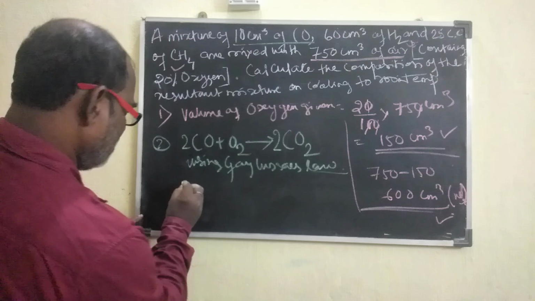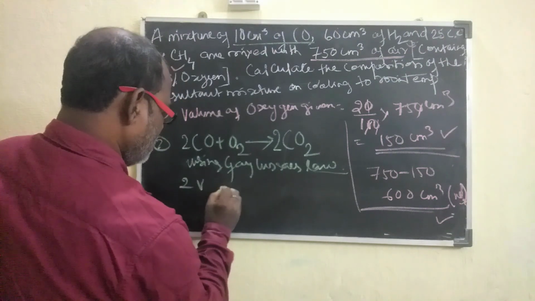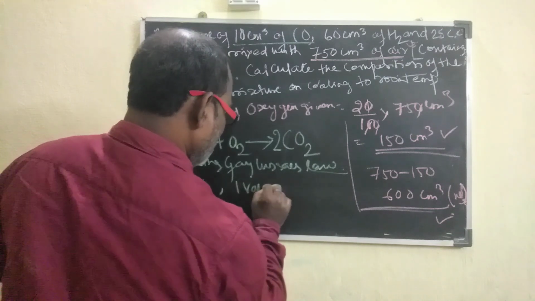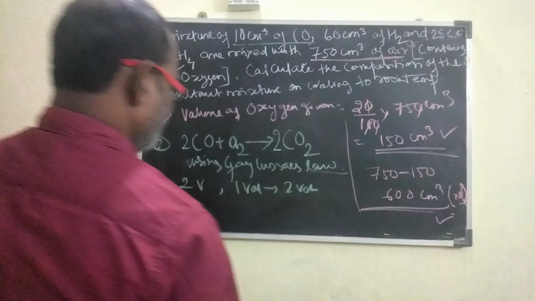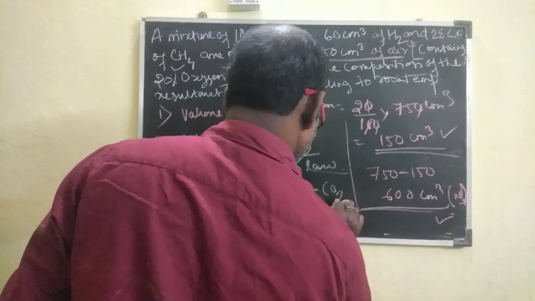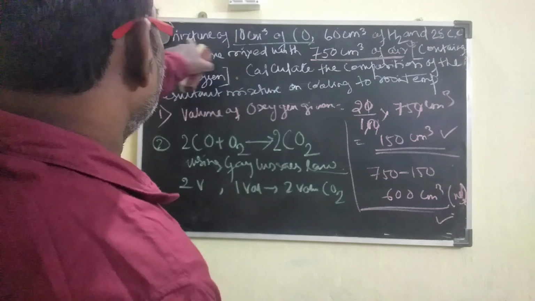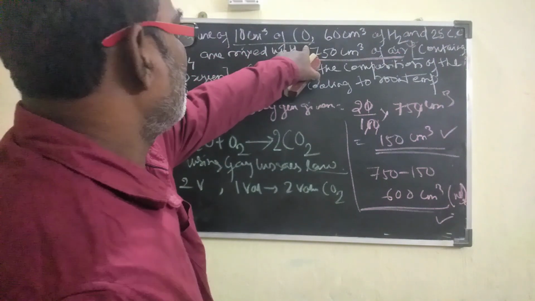That means 2 volume, this is 1 volume, to produce 2 volume of carbon dioxide. Now let us write down here a mixture of 10 centimeter cube of carbon monoxide.